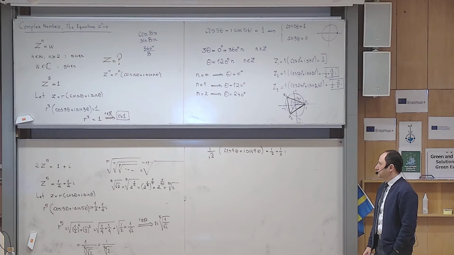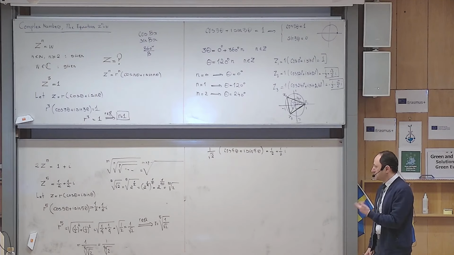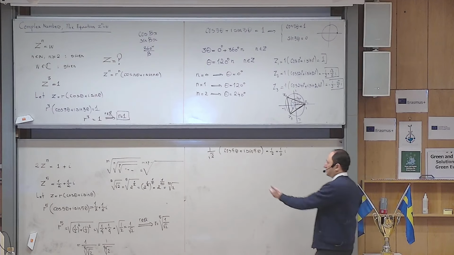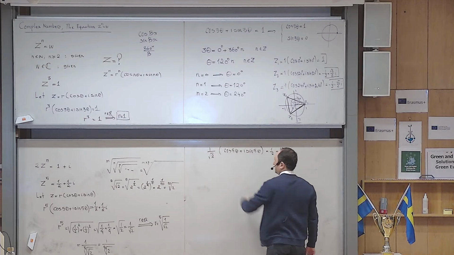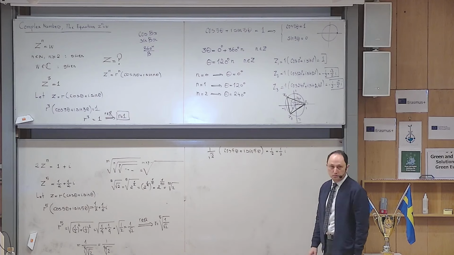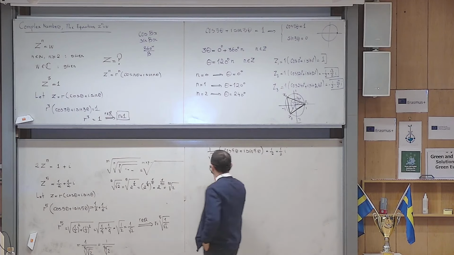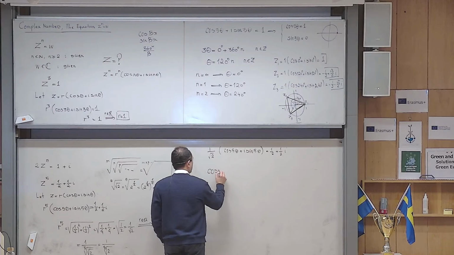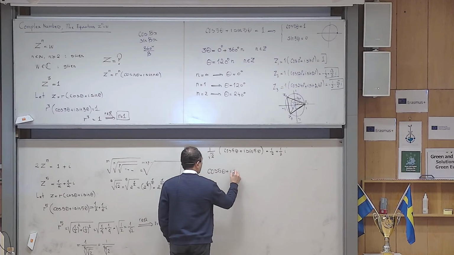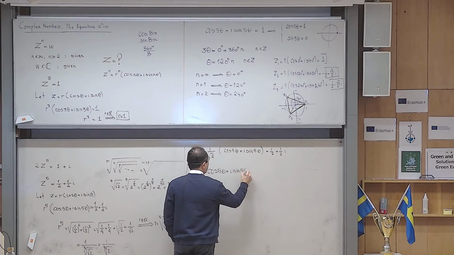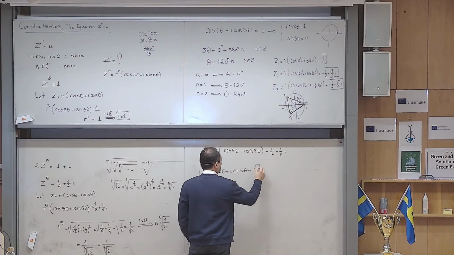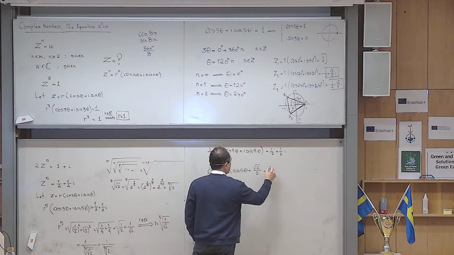What do you think is good to do now? I have to compare, yes? But before comparison, let us get rid of this number there by multiplying everything by square root of 2. So then what happens? It becomes cosine of 5 theta plus i sine of 5 theta. And then it becomes square root of 2 over 2 plus square root of 2 over 2i.